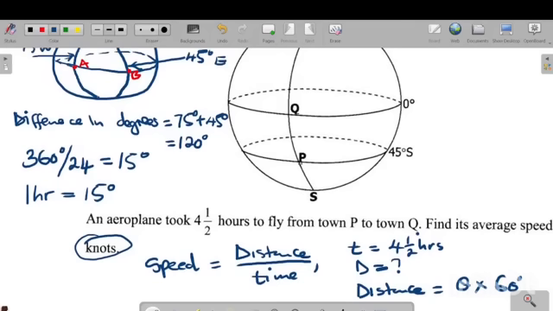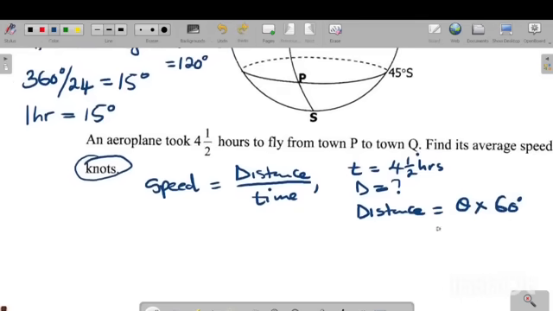Okay, so you can see that point P is lying on latitude 45 degrees south, and point Q is lying on 0 degrees, which is the equator. So when you find the difference between these two latitudes, you're going to say 45 minus 0, which gives 45, meaning here we are going to have 45 times 60.